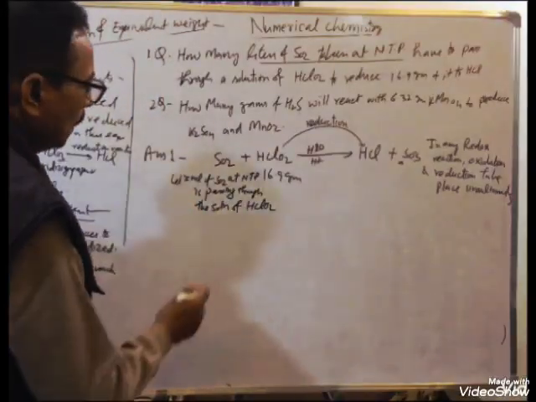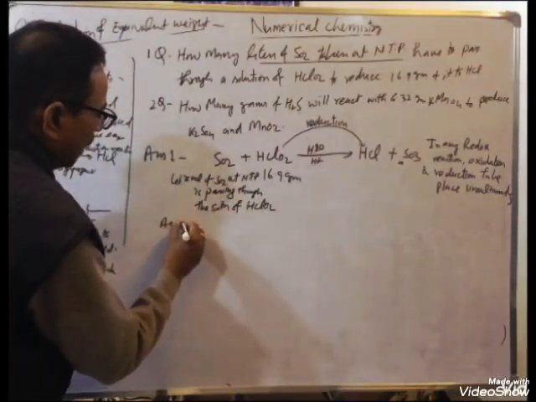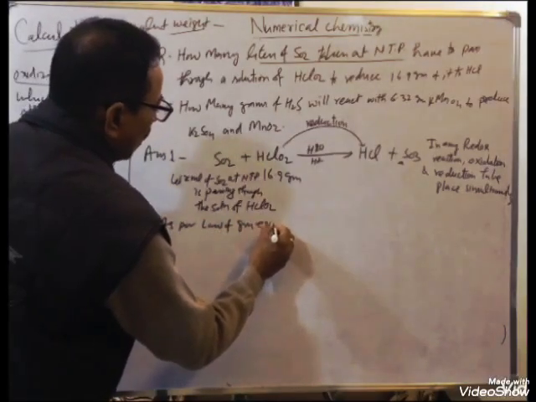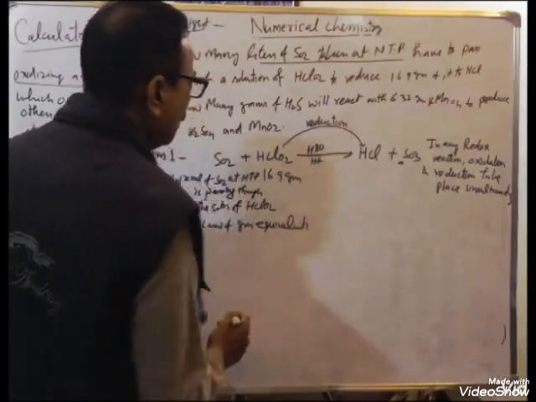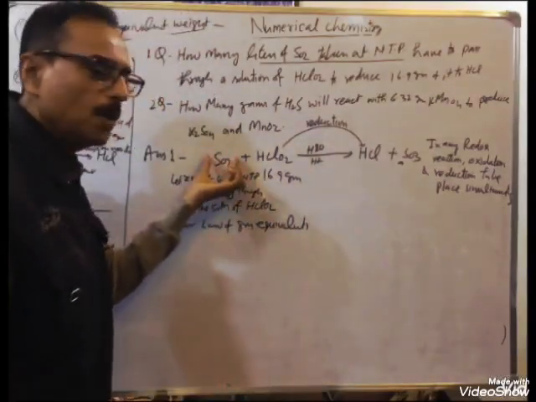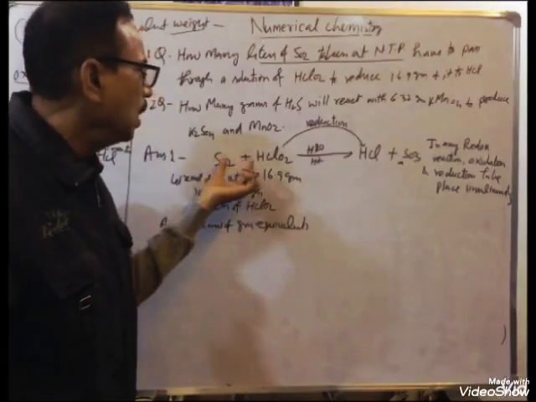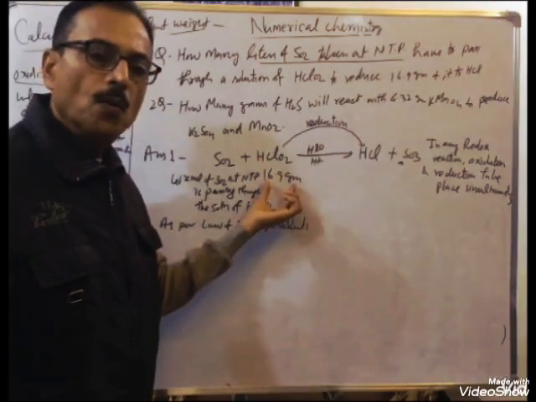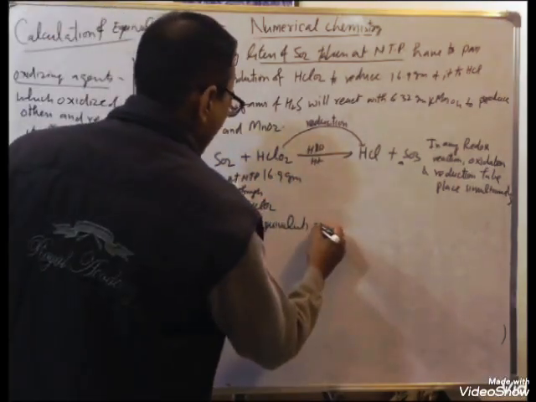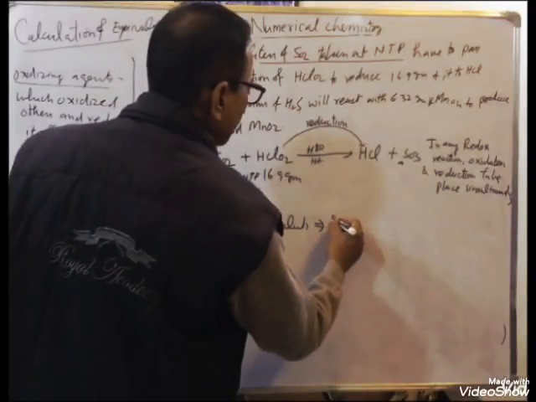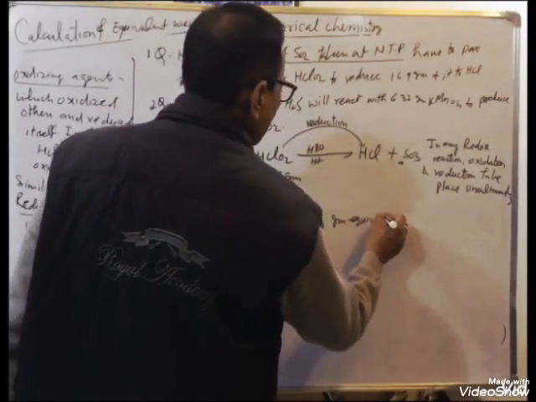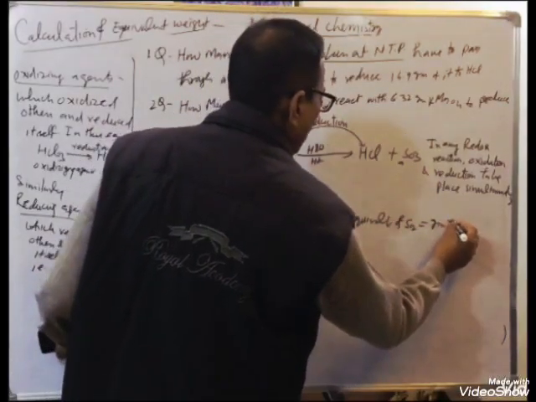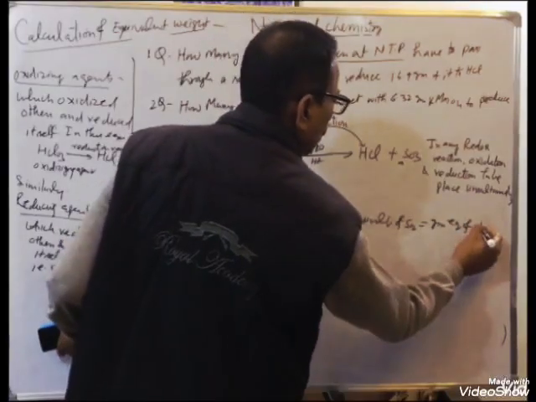So as per the law of gram equivalent, the number of gram equivalents of SO2 reacted is equal to the number of gram equivalents of HClO2 reacted. So here gram equivalent of SO2 equals gram equivalent of HClO2.